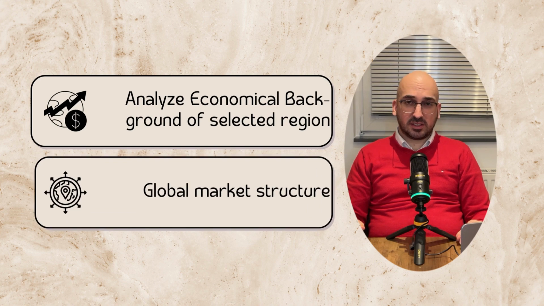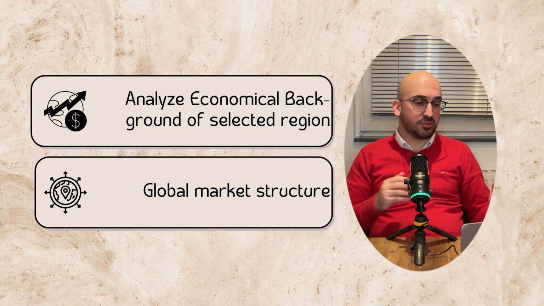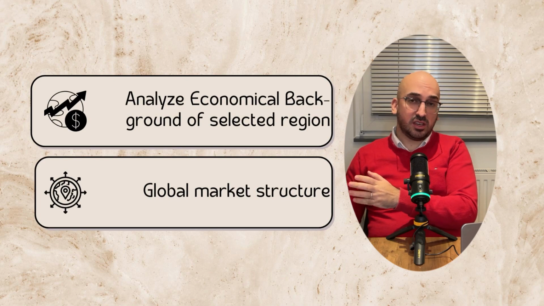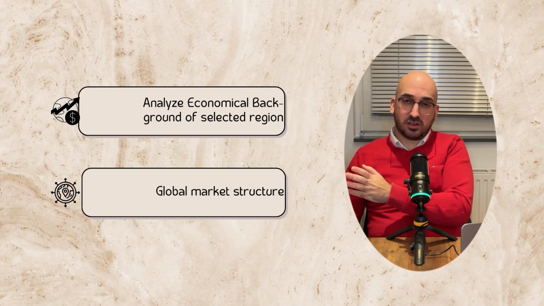On the other hand, look at the global market structure. How is your market structured globally? This will help you to identify differences between regions, for example between the US and Europe, between Dubai, UAE, and between Asia. This will help you to grow your business at a later stage.